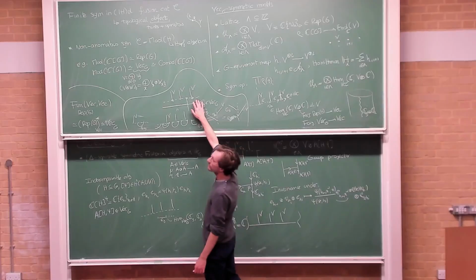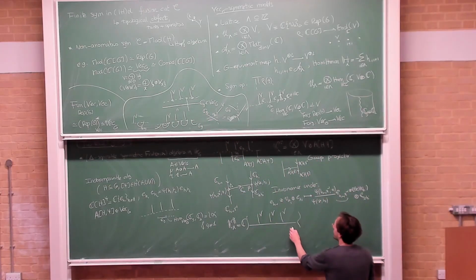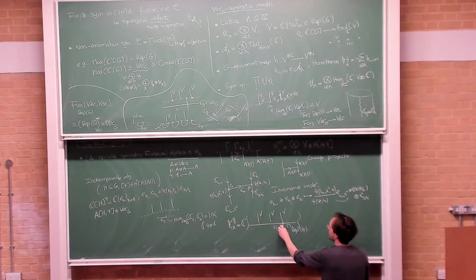Instead of having the category Vec here, it's going to be something else. It's going to be a choice of projective representation. So the category is going to be the category of projective representations. So I can choose on all these lines here a different projective representation. And now I'm picking a vector here, alpha I, which lives in this Ram space.